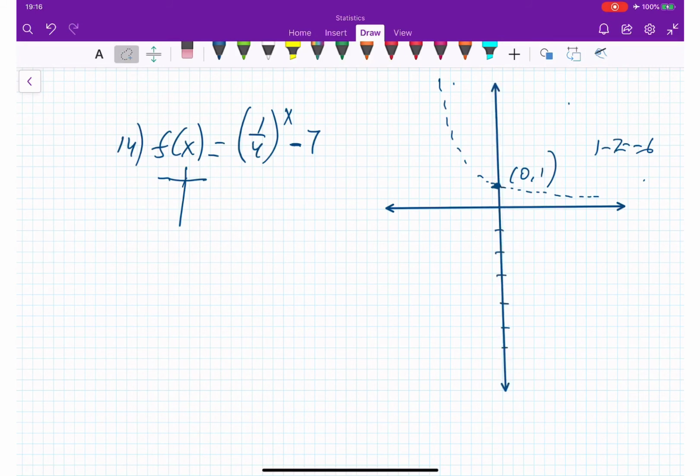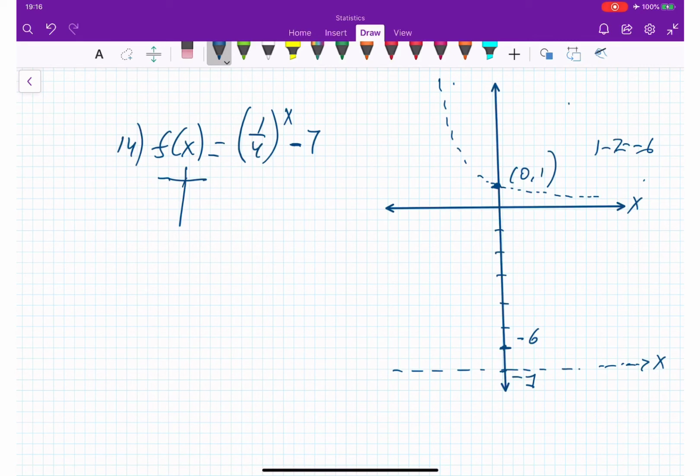Okay, this is going to be our negative 6, correct? Which means the x-axis is going to move to negative 7. So it's going to run to negative 7, right?